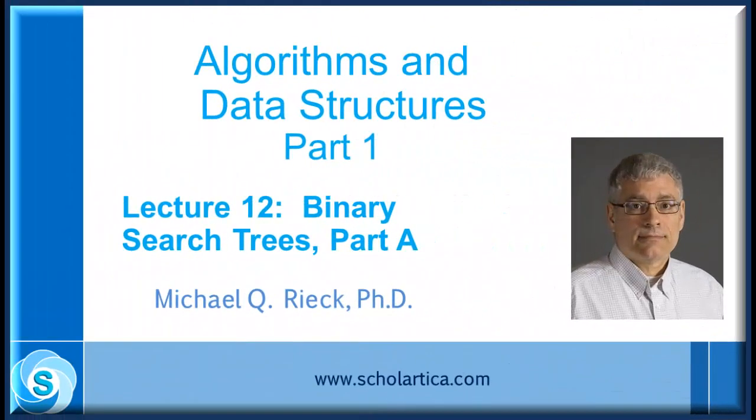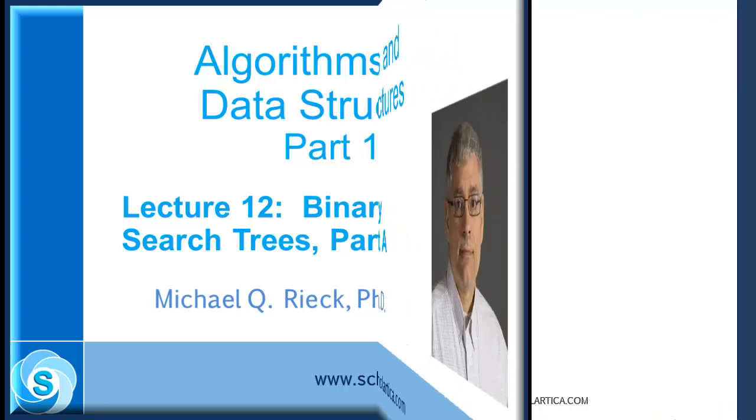All right, so at this point, you should have a pretty good understanding of binary search, and hopefully you appreciate how much faster it is for large lists, sorted arrays, really. In this lecture, we're going to introduce a very useful and popular data structure called binary search tree.